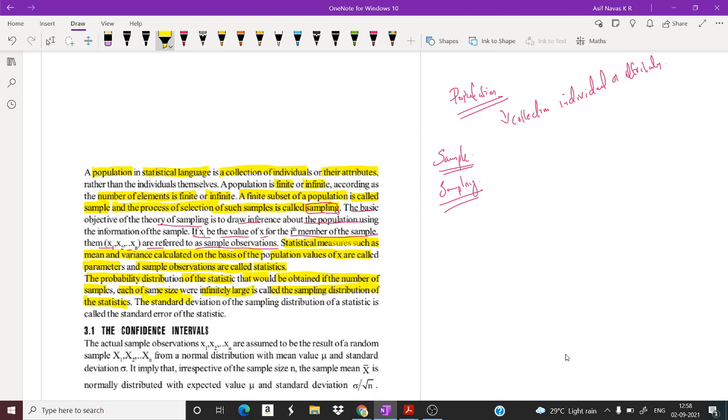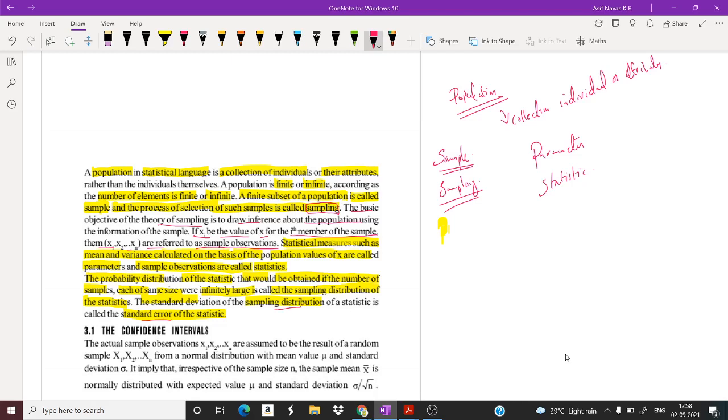And the standard deviation of the sampling distribution is called the standard error of the statistic. So we have to note these definitions. What is parameter? Parameter means mean and variance of the population, statistic comes from the observations, and standard error is the standard deviation of the sampling distribution.